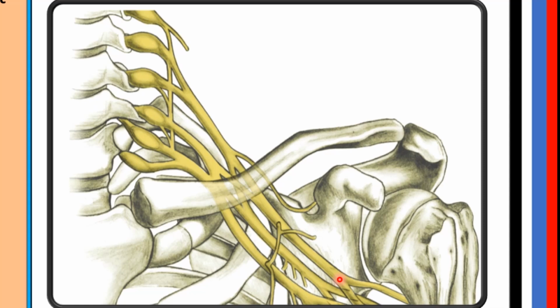There they will give out their branches, and these branches will extend into the arm, into the forearm, and then the hand. Now this is not the only place we also see branches. We also see some branches at this upper part. So we are talking about two levels of branches, some above the clavicle, and then some below the clavicle.